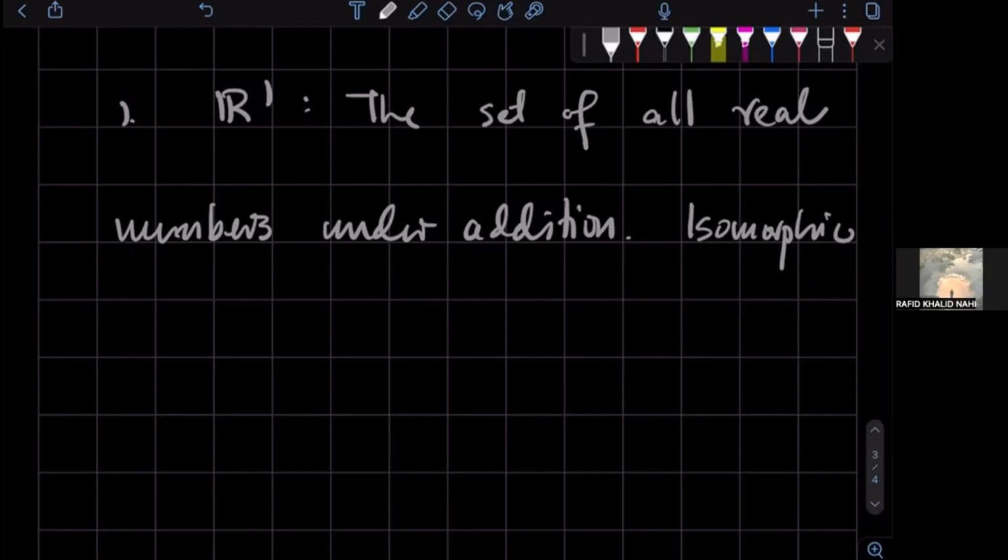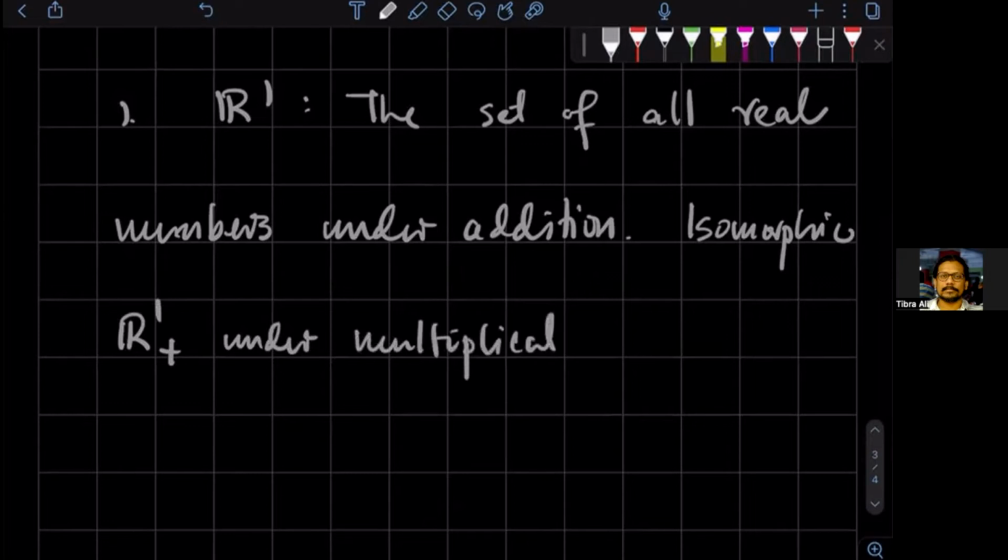Oh, SO2. Yeah, SO2 is not isomorphic to R1. We'll see why. What about the positive real numbers that exclude 0 under multiplication? Is that a group?